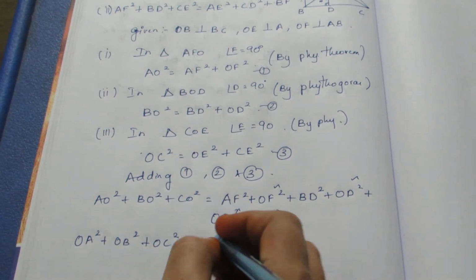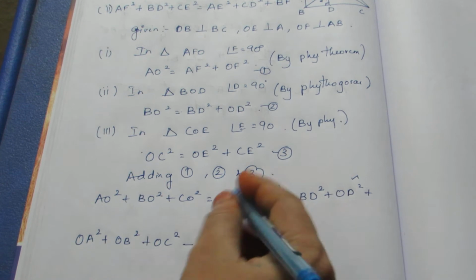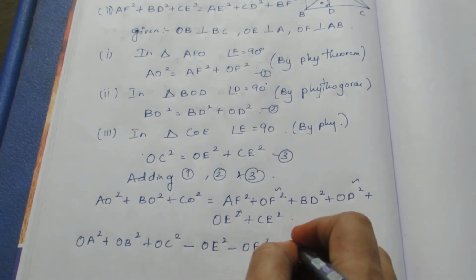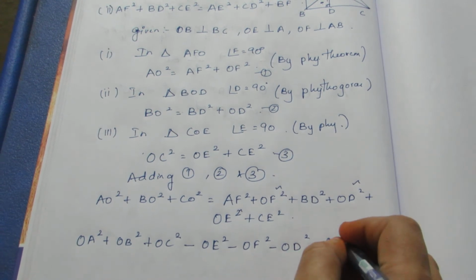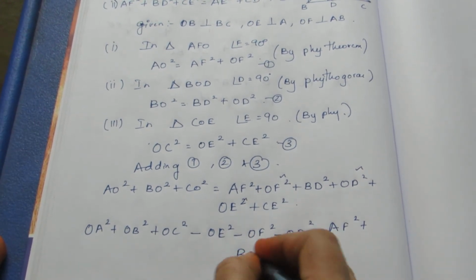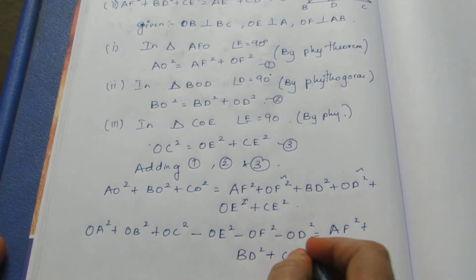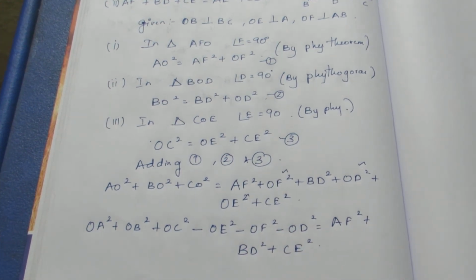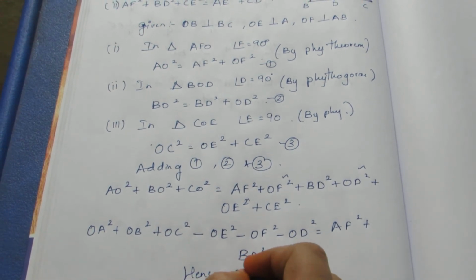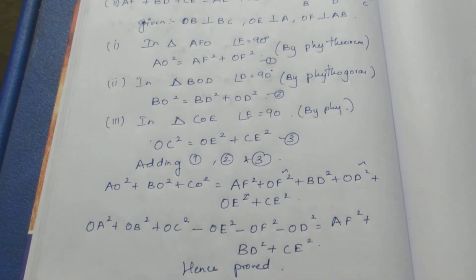So plus will become minus. So minus OE square, minus OF square, minus OD square, which is equal to AF square plus BD square plus CE square. This is what we want to prove. We have proved it. So write it as hence proved. So the first subdivision is over.